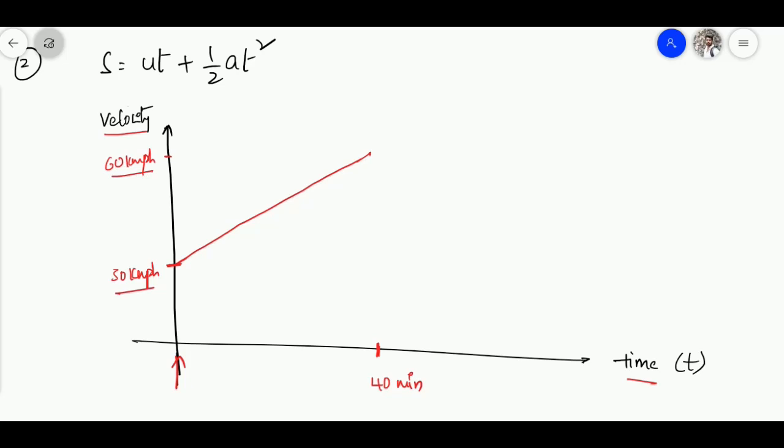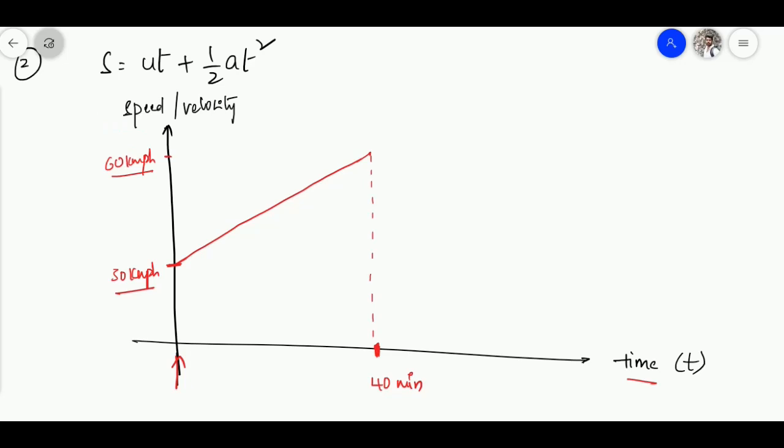You can check these values on the speedometer while you are traveling. So after 40 minutes, when I checked the speedometer, the speed was 60 km per hour and I started with 30 km per hour. So I just made it speed or velocity for the y-axis, just to take out the confusion.